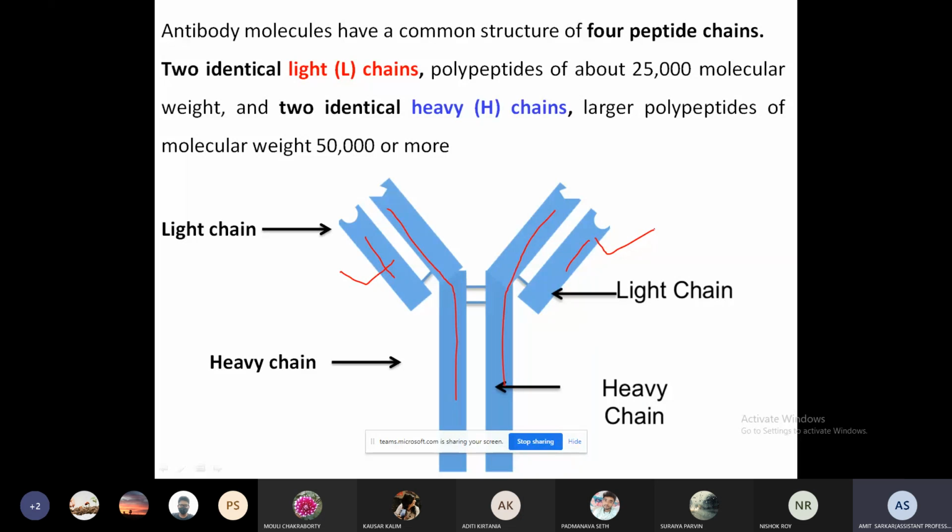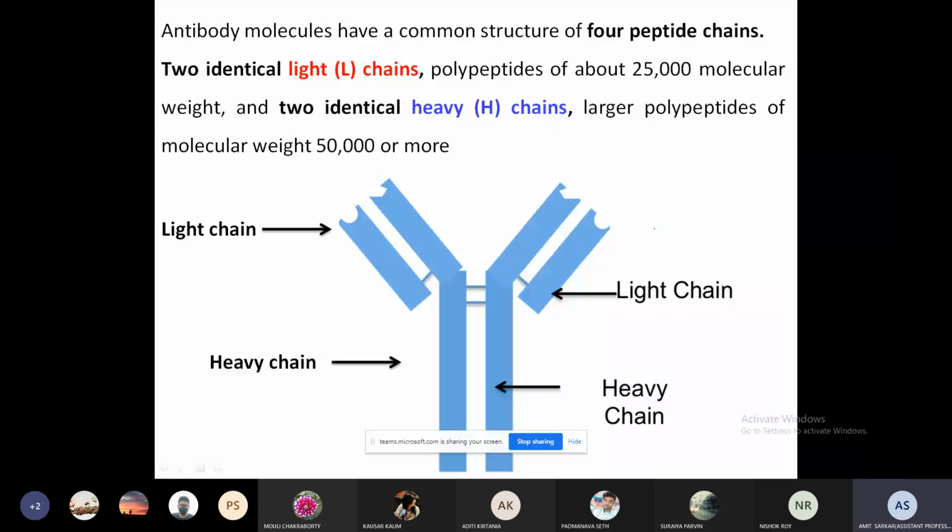So two light chains, 25,000 each, total 50,000 Dalton, and two heavy chains, 50,000 each, total 100,000 Dalton. 100,000 plus 50,000 is 150,000. So generally speaking, one antibody molecule is 150,000 Dalton in molecular weight.